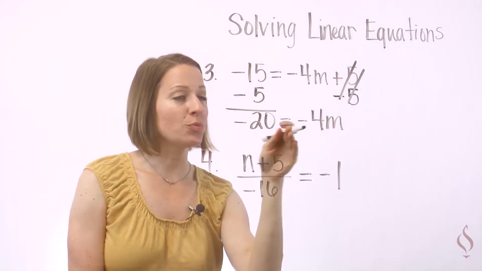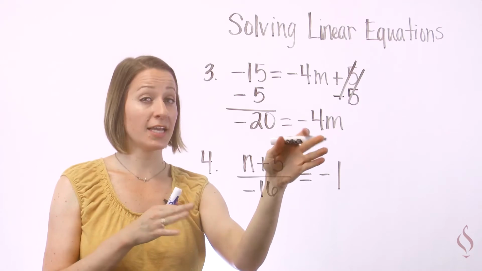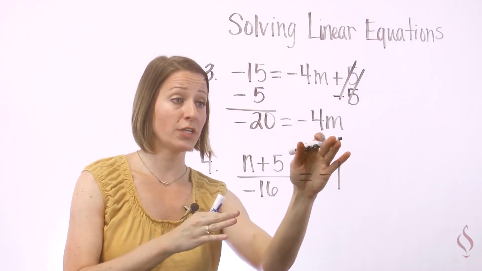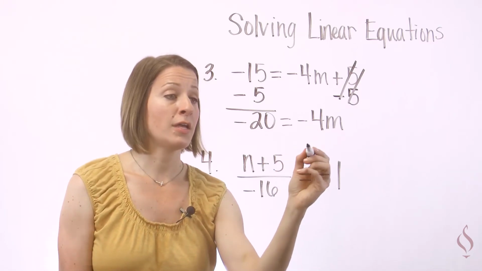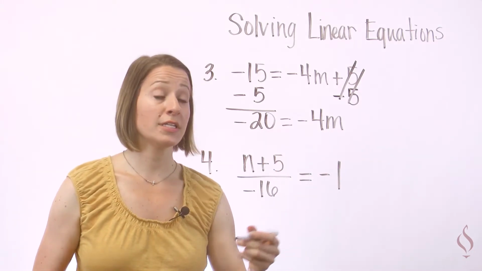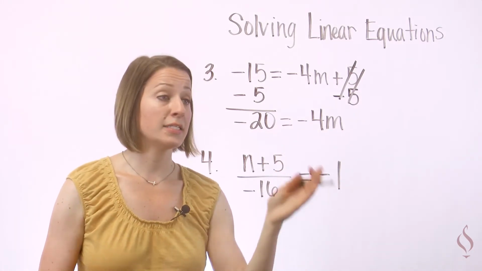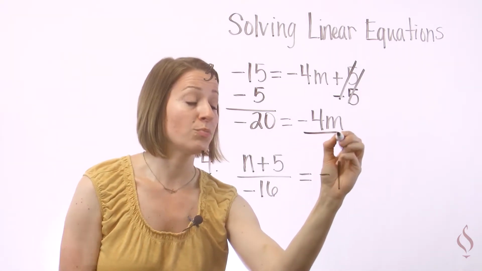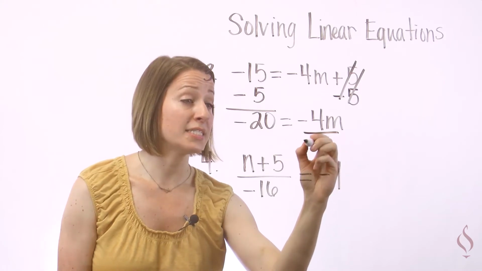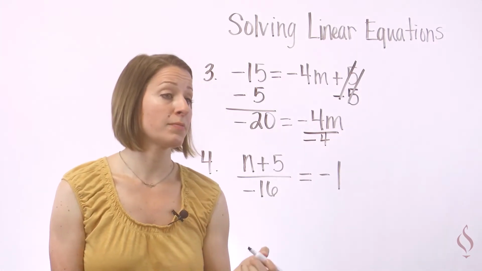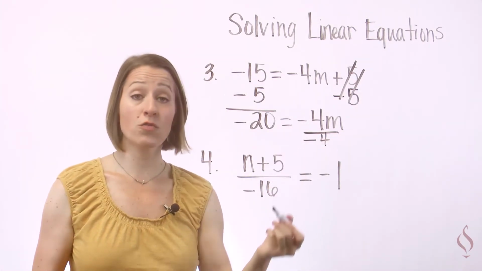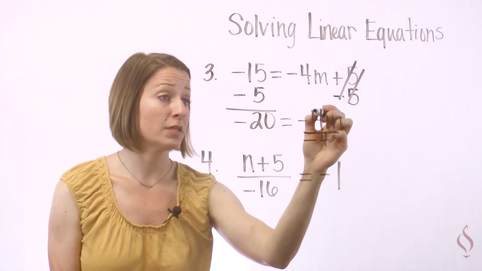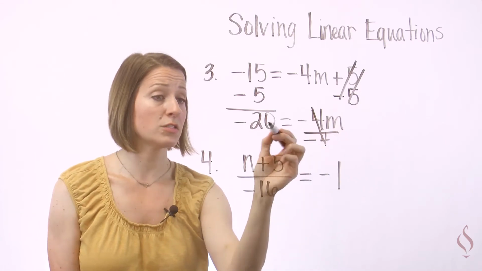The last thing we're going to do, we're still going to focus on the side that has the variable. Don't get distracted by the negative 20. Go back over here. Negative 4 is being multiplied, and so the opposite of multiplying, remember we're going to rewind it, is to divide. So negative 4 over negative 4 simplifies to 1 whole. That's why we can cross this out.